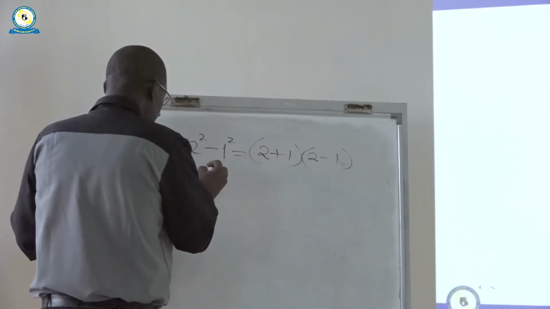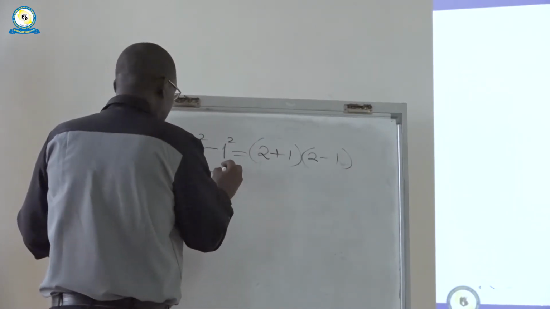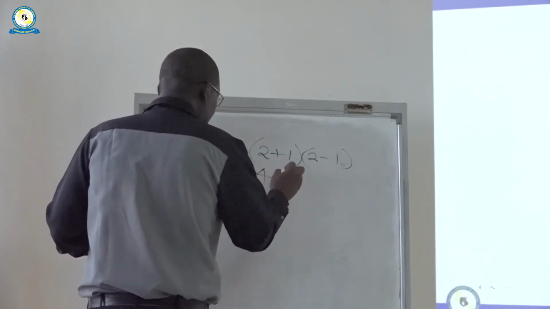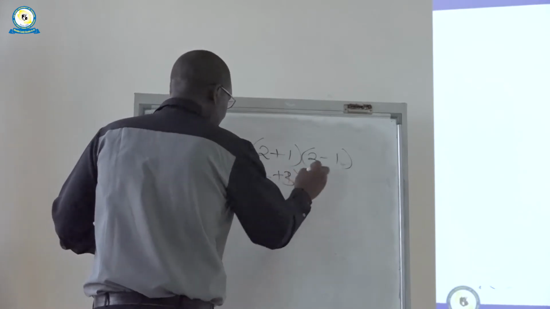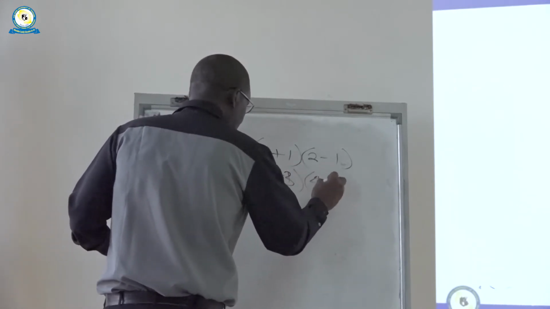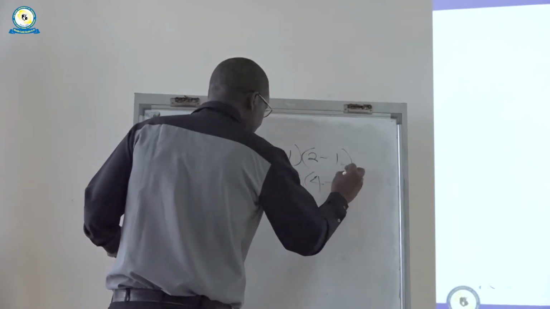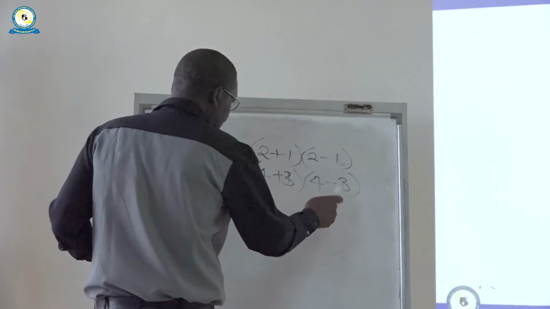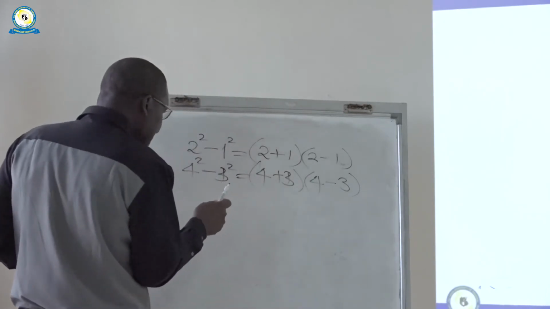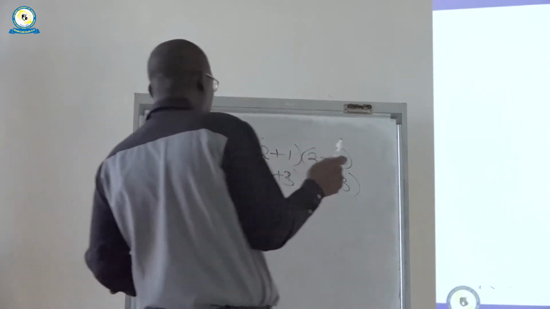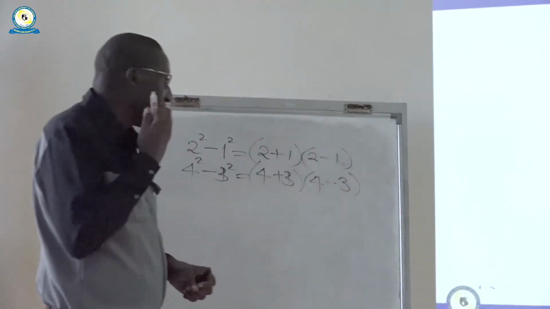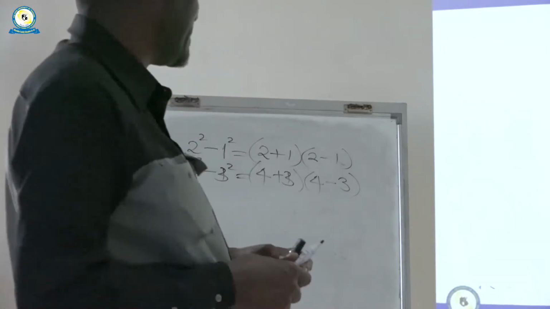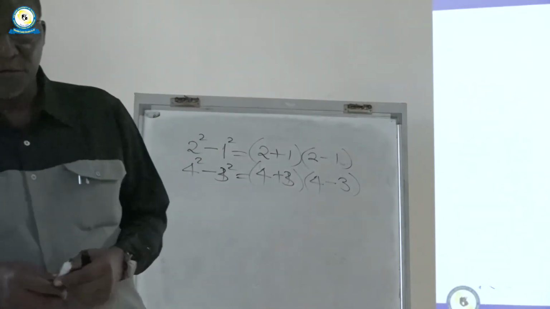Also 4 squared minus 3 squared equals 4 plus 3 times 4 minus 3. Actually, 2 minus 1 equals 1, and 4 minus 3 equals 1. That's why it remains as if it is 4 plus 3. That's the logic, the concept of difference of 2 squares.